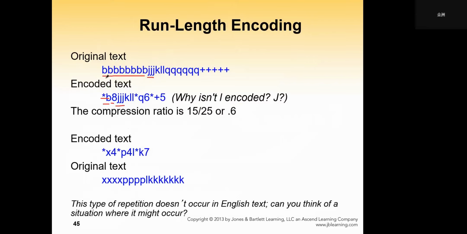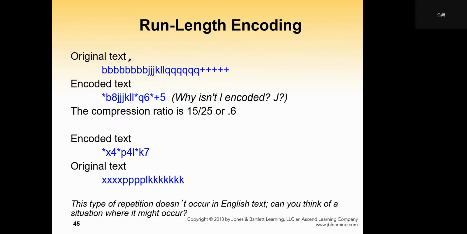If we use run length encoding, it would be star, J, and 3, which is also 3 characters, the same as the original, so there is no need to encode such strings. For those repeated 3 times or fewer, we just keep them as they were originally. And this one we encode like star, Q, and 6. And this one would be star, plus, and 5.